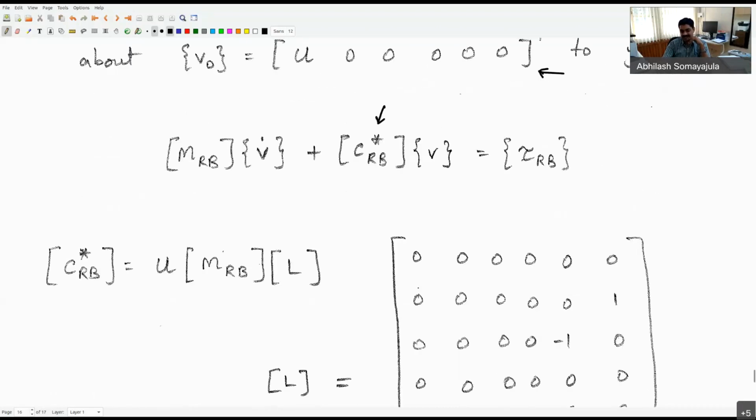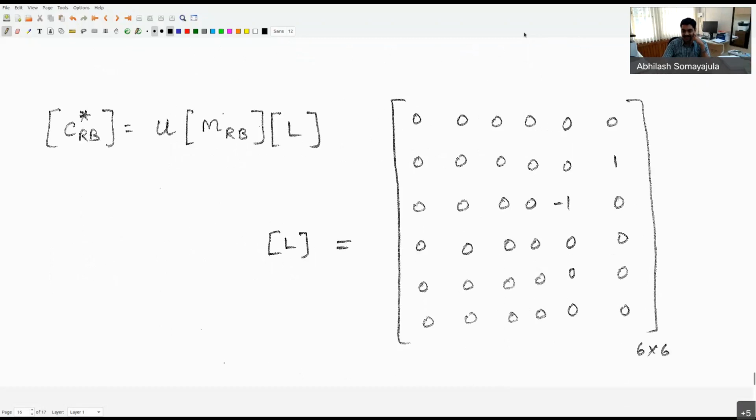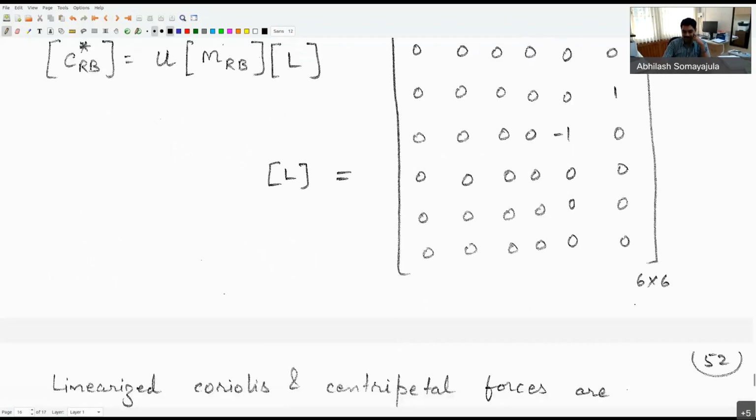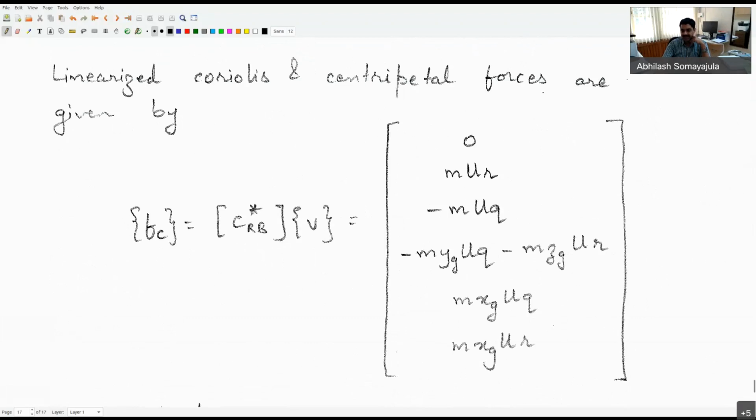And in a matrix sense, I can give that expression for CRB star as MRB times L, where L is this 6 cross 6 matrix. In which case, you will see that if I now multiply CRB star times V, I'm getting only linear terms in my equations of motion.